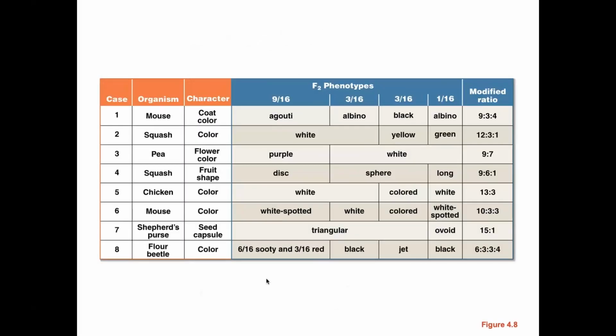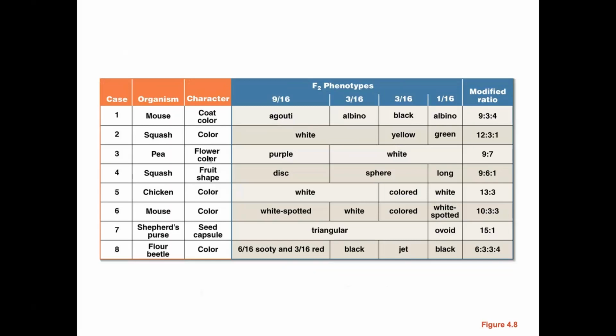Here's another example. Remember when Mendel did his work, one of the traits he was interested in was the genetic basis for flower color. That was analyzed in his monohybrids, which produced an F2 population that segregated 3 to 1. So a single gene trait, dominant and recessive alleles, very predictable. Subsequently, other plant breeders were doing other experiments with different strains of the pea, different genetic backgrounds, and analyzing inheritance of flower color again.